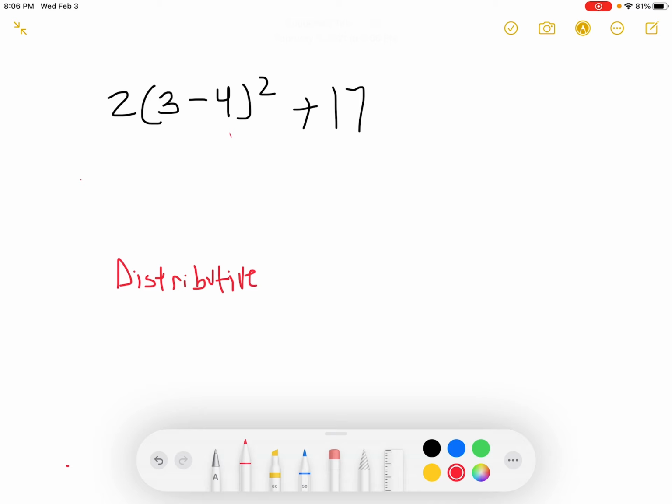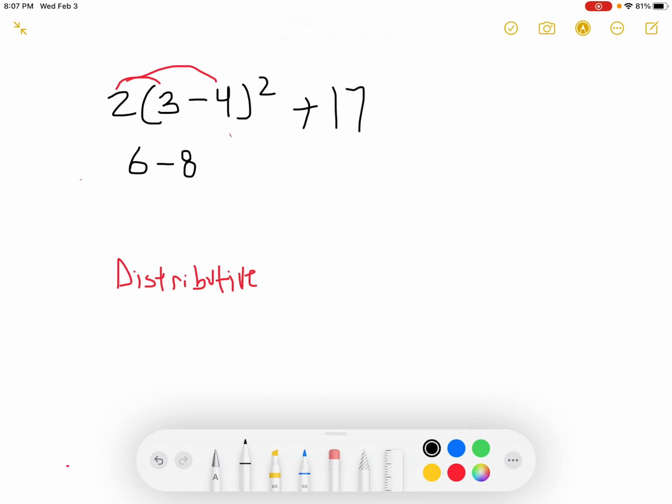This means that if there's a number by a parenthesis like that, you'll have to distribute, meaning that you'll have to multiply by each thing that's in the parentheses. So we'll multiply 2 by 3, and then 2 by -4. Let's do that. So 2 times 3 is 6. 2 times -4 is -8.